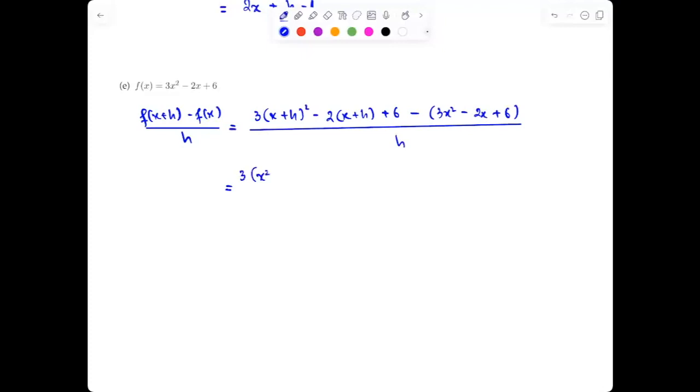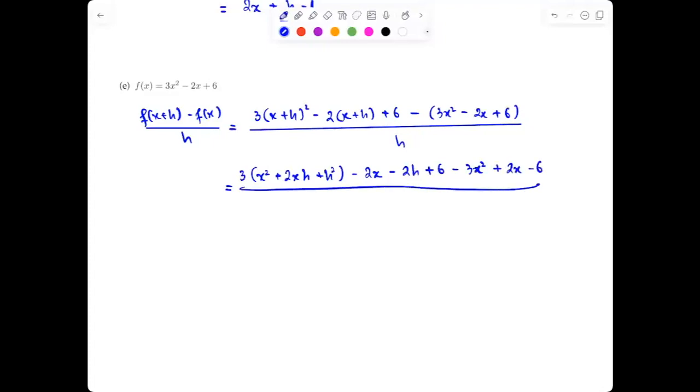So I have x squared plus 2xh plus h squared. Then minus 2x minus 2h plus 6 minus 3x squared plus 2x minus 6, altogether divided by h.